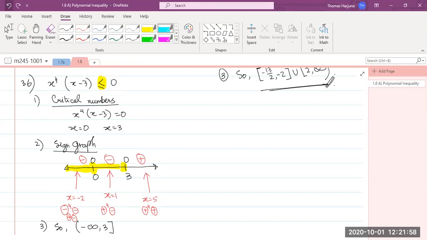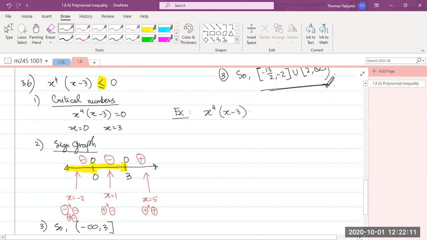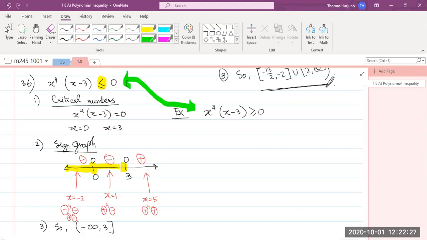Now, let me emphasize what I said earlier by doing a very similar problem. For example, let's say I have x to the 4th times (x minus 3) greater than or equal to 0. Compare that with this. The only difference is the inequality sign. I said earlier, the inequality sign only comes into play in our last step 3.